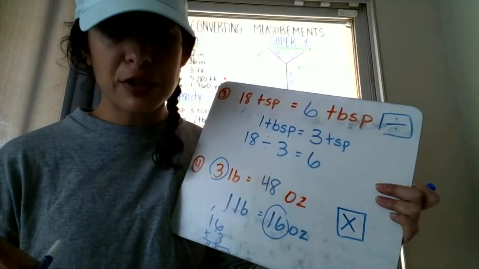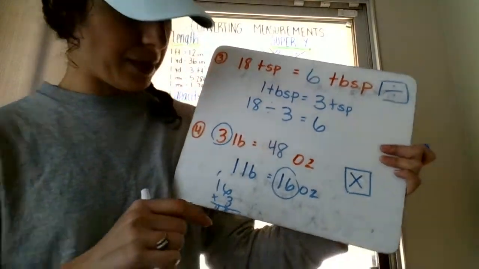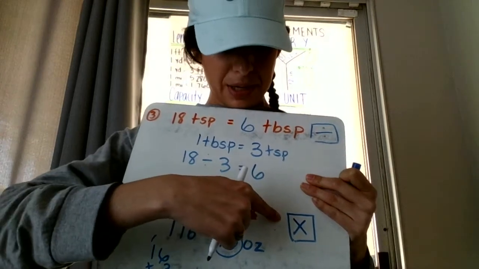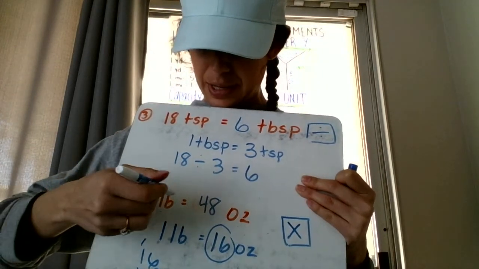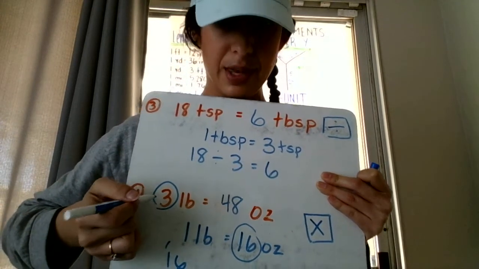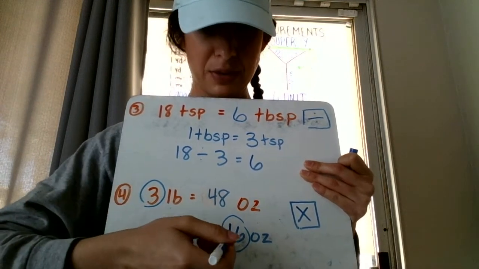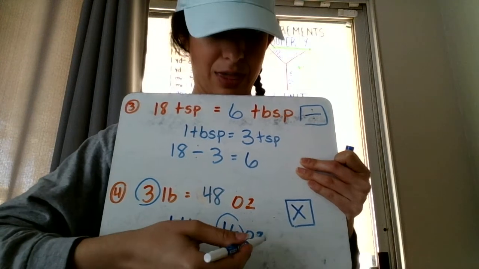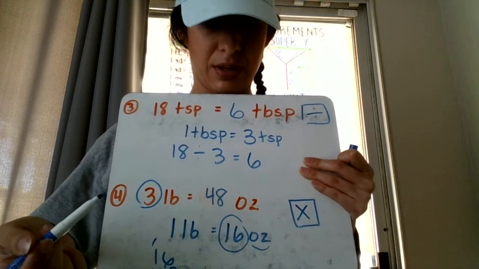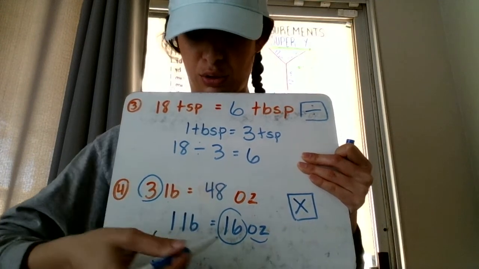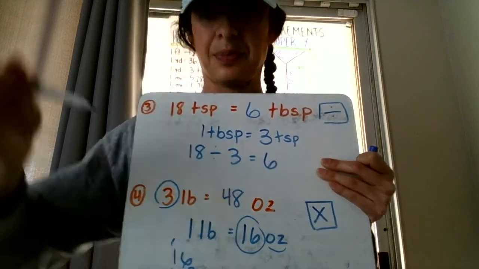Okay, before I move on to the last 2 problems, I want you guys to see something. Notice that when I'm multiplying, I multiply the number that I'm converting from to the amount that is in the other measurement. So like here, I multiplied 3 to the 16 ounces.